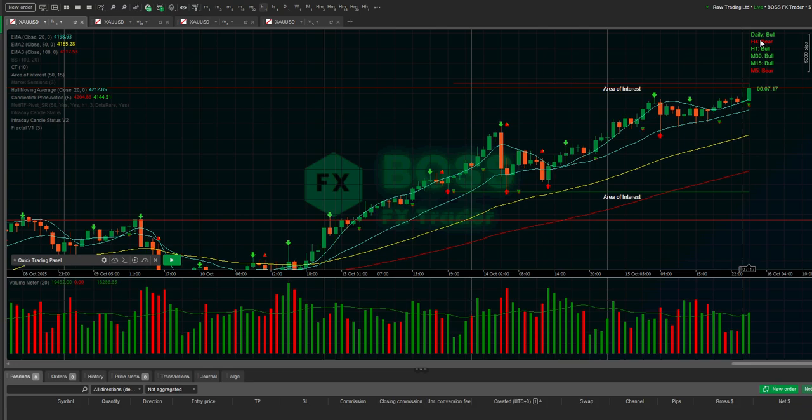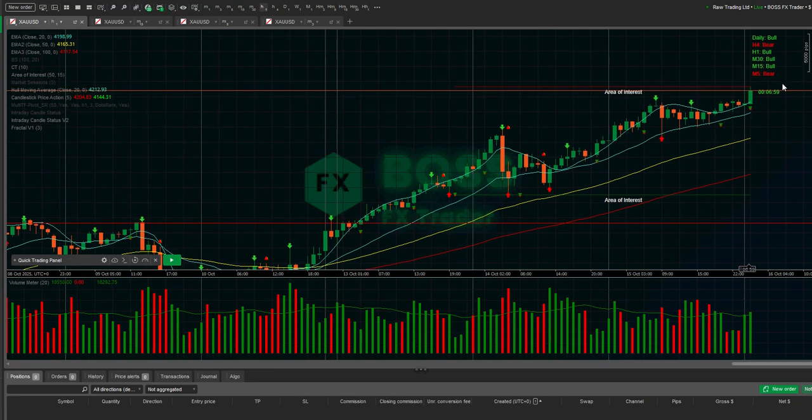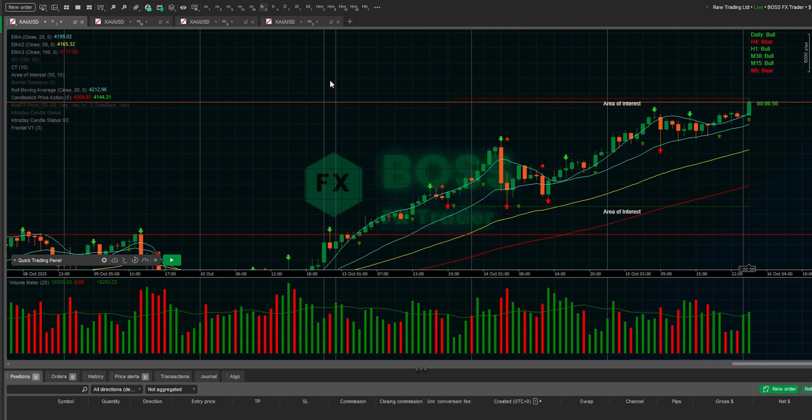You can also have this detector of the candle status: daily, H4, H1, M30, M15, and M5. So hindi ka na mahirapan na mag-switch back.